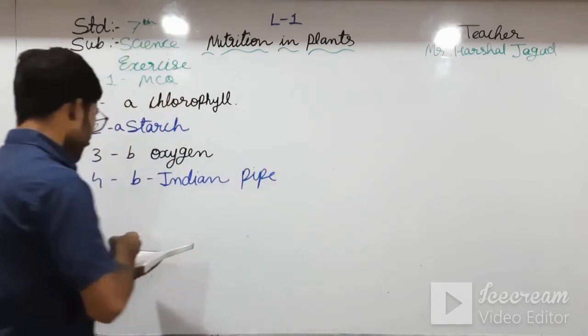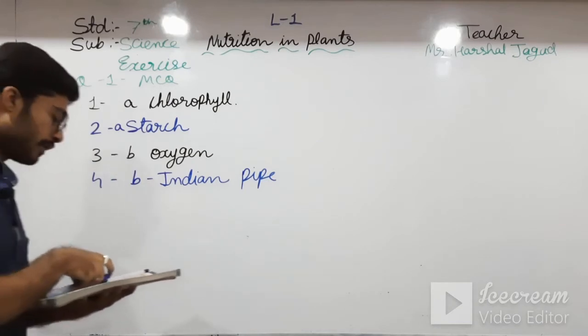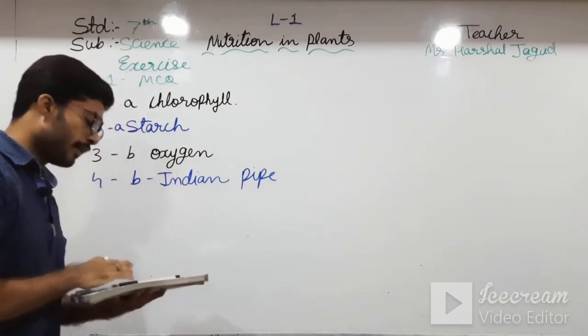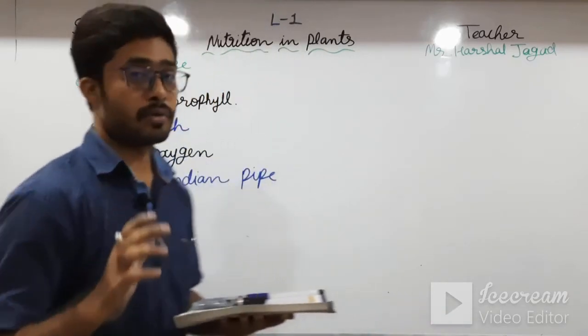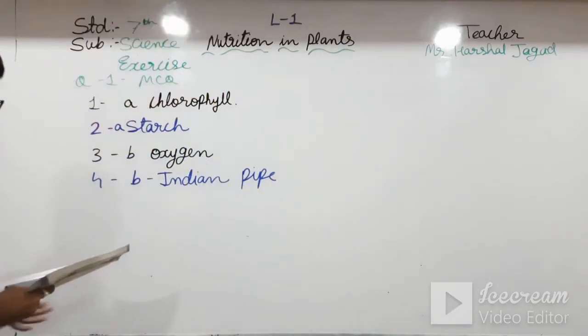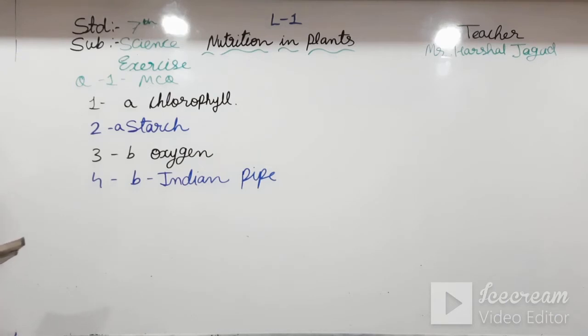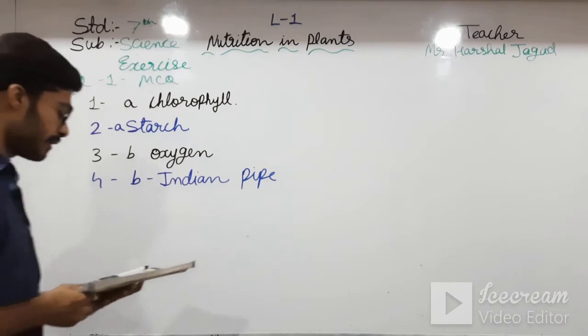Okay students, fifth, which of these plants should the farmer grow to replenish nitrogen back into the soil? So we have seen that a nitrogen fixing bacteria plant is to be grown for nitrogen fixation. Okay students, so which plant?